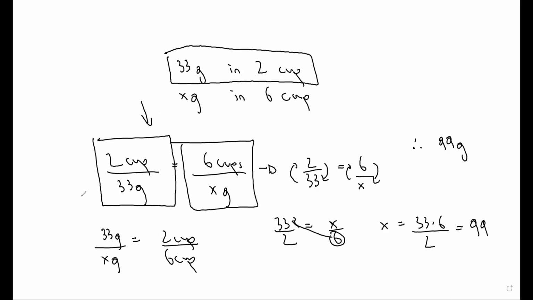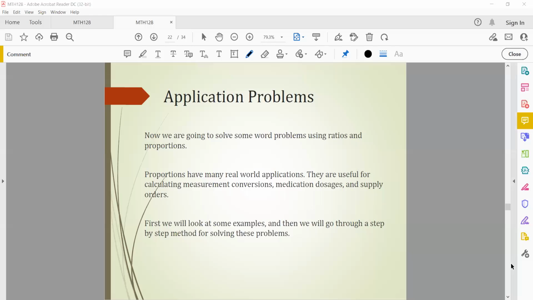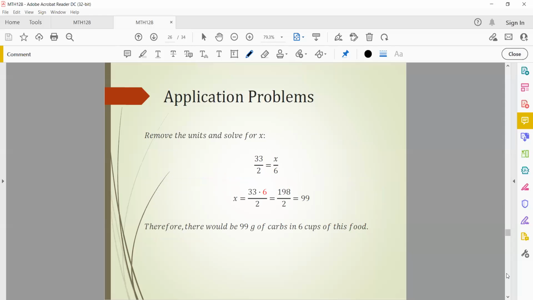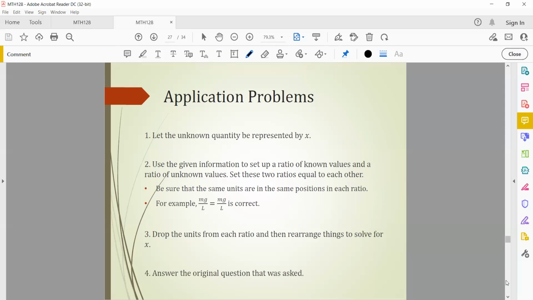Here's a general guideline for how to solve these. Let the unknown quantity be represented by X. Use the given information to set up a ratio of known values and a ratio of unknown values.